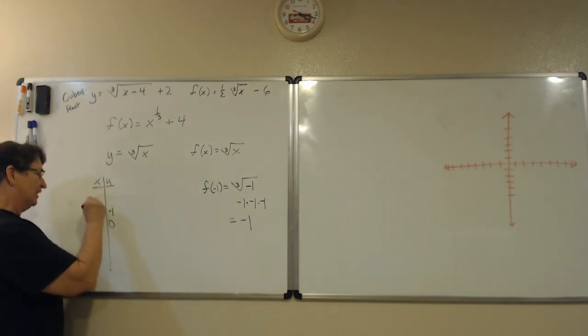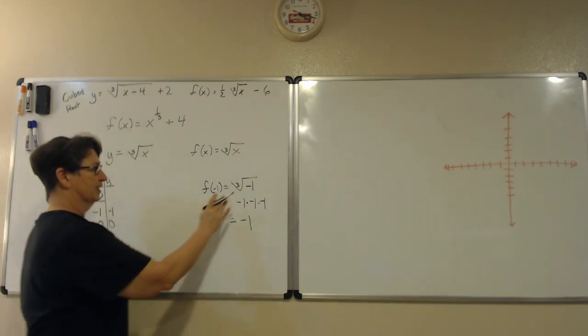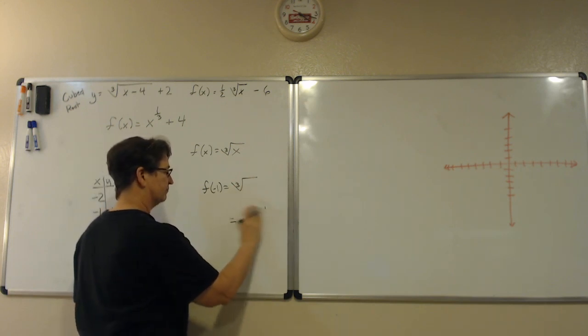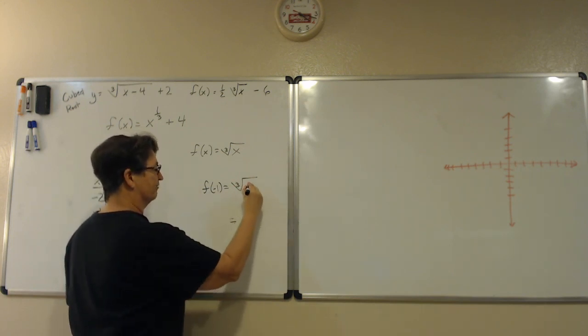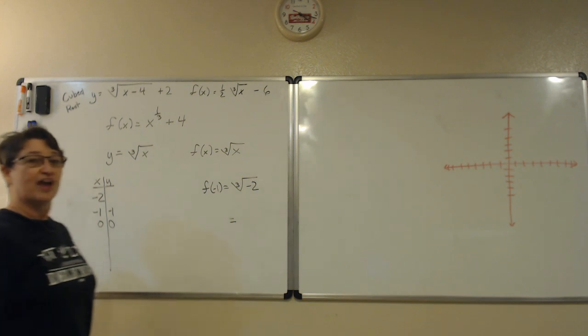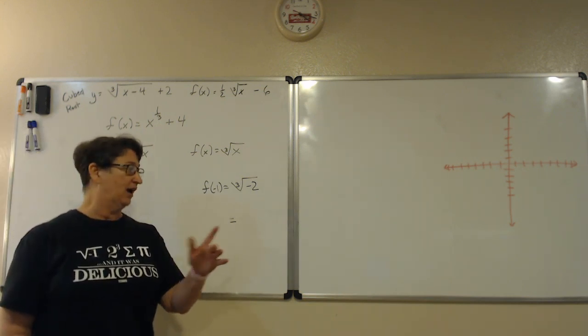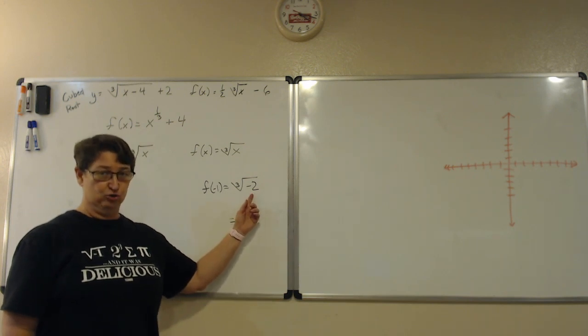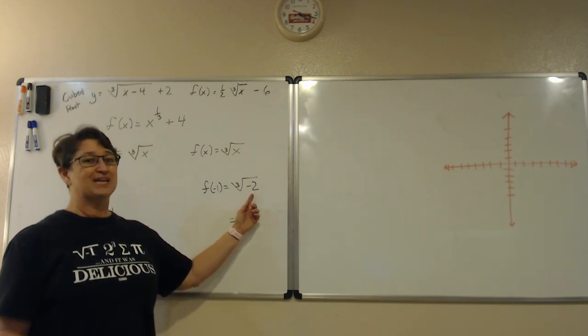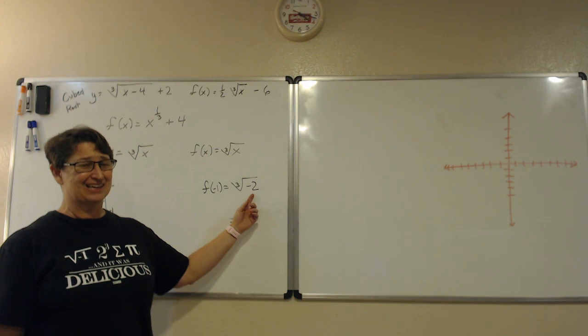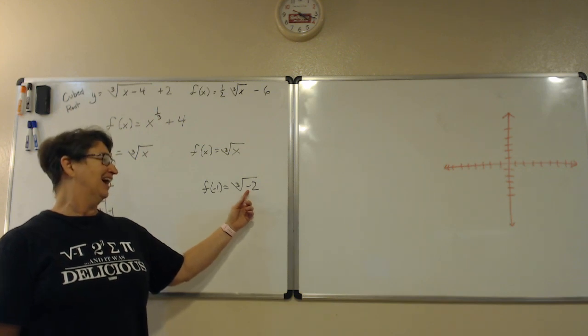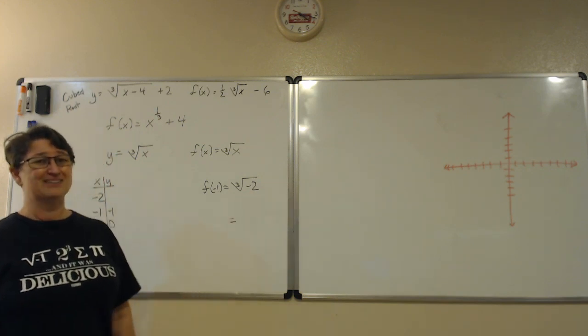But when I put in -2 here, let's think about this for a minute. If I put in -2, there is a number that I can multiply by itself 3 times that will give me -2. But is it a pretty number?